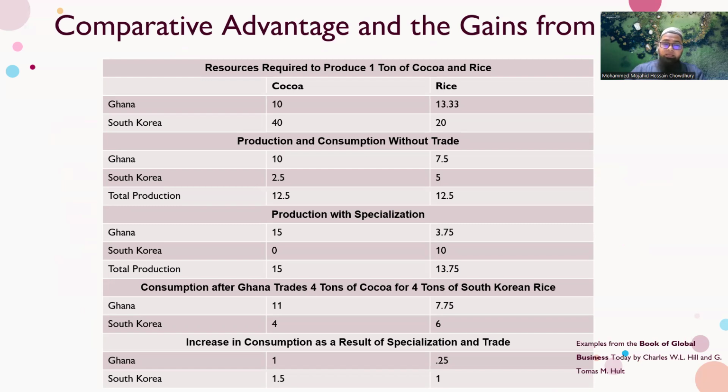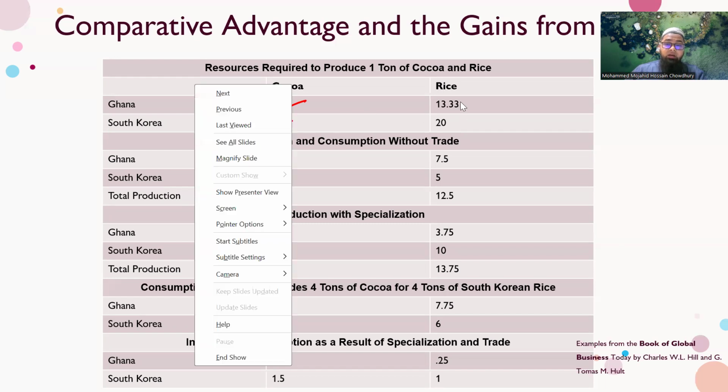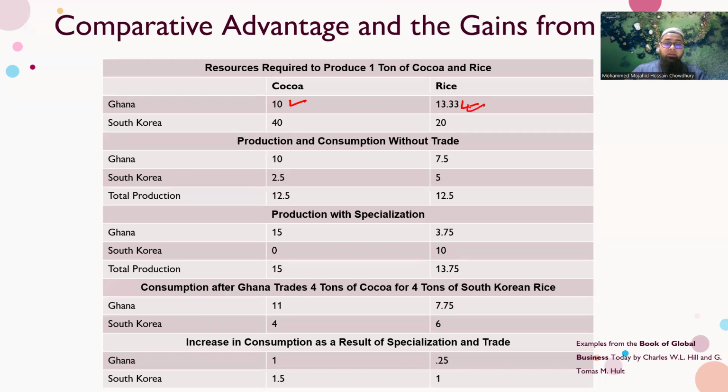So here you see Ghana requires 10 resources for cocoa and 13.33 for rice. South Korea needs 40 resources for cocoa and 20 for rice.